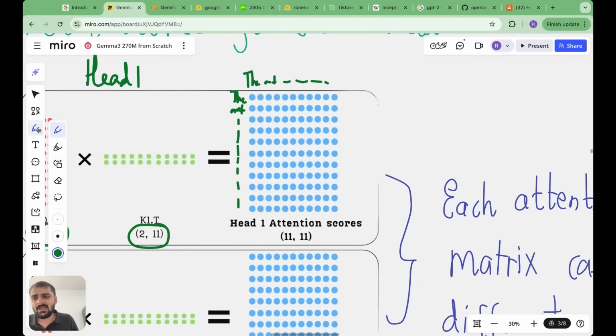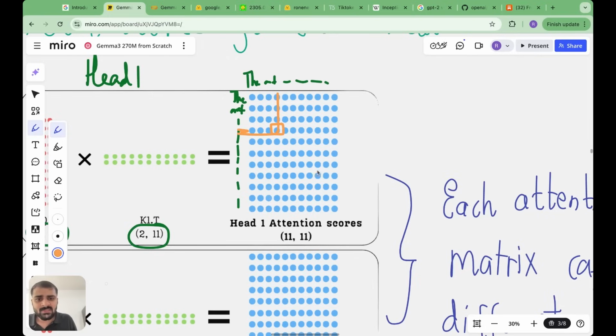Every single value here carries an attention score between two tokens. If you look at this value, it carries the attention score between the fourth token and the fourth token.